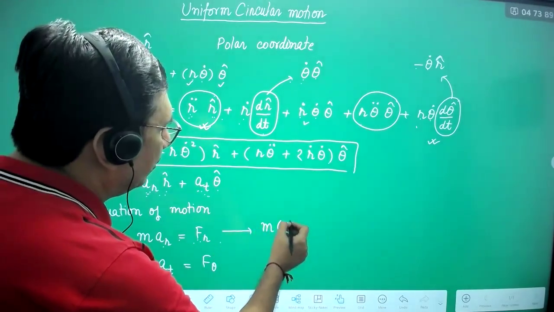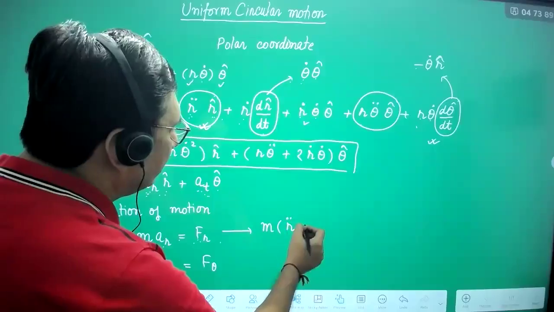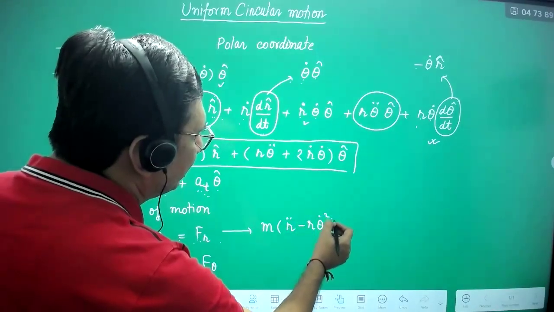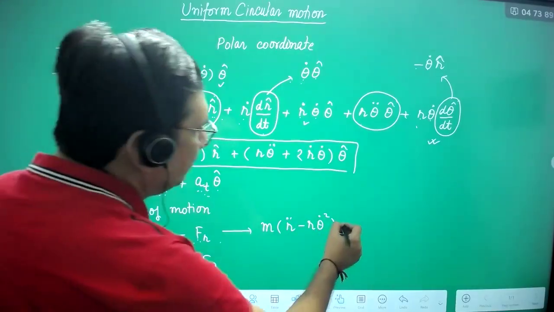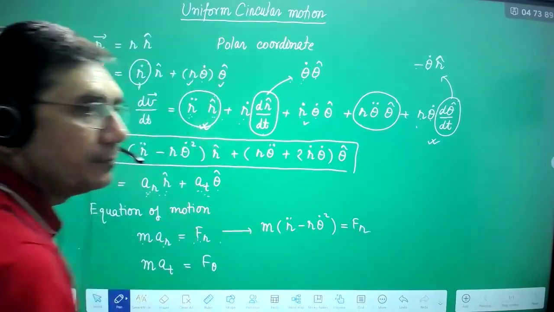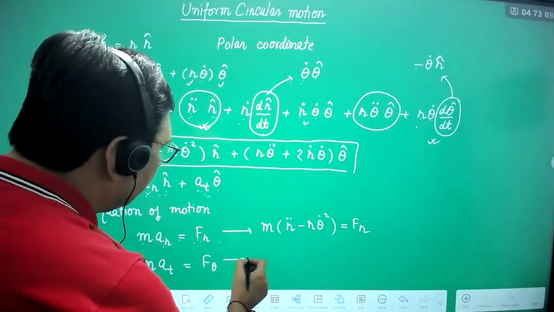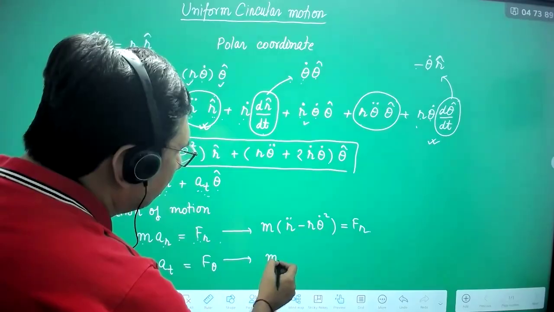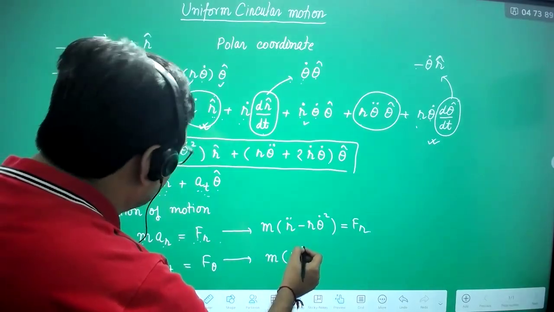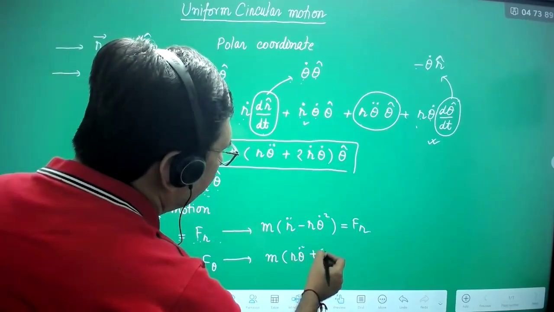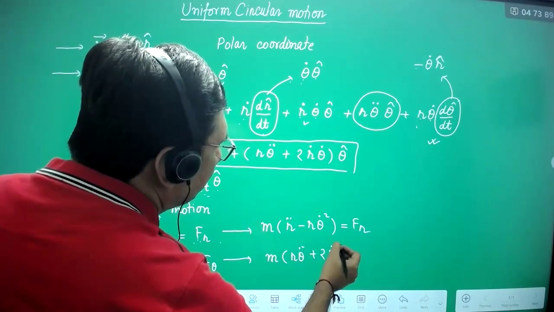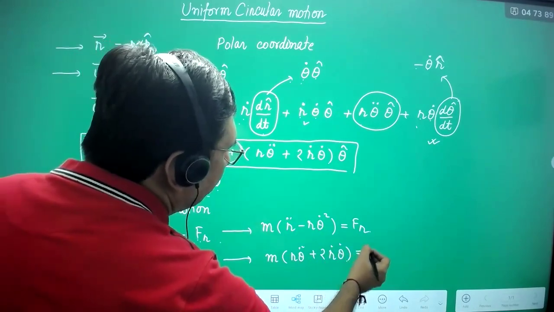AR is r double dot minus r theta dot square, and this will be Fr. And this one will be mass times r theta double dot plus 2 r dot theta dot, and this will be F theta.